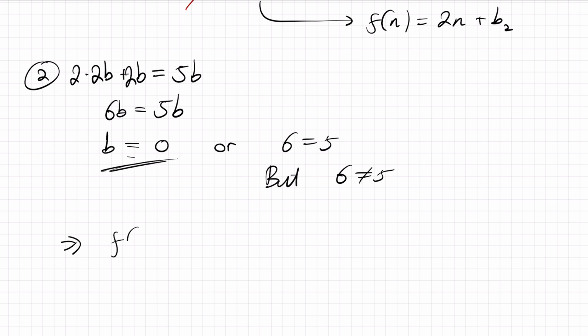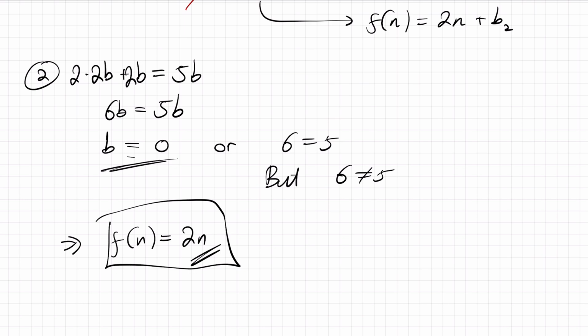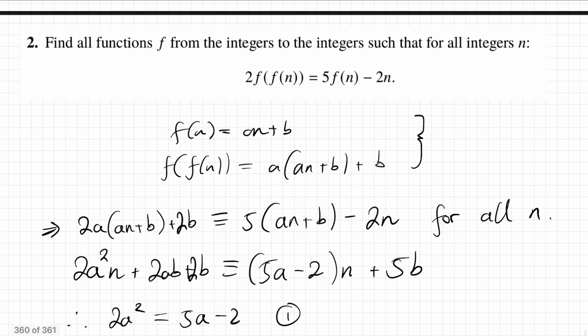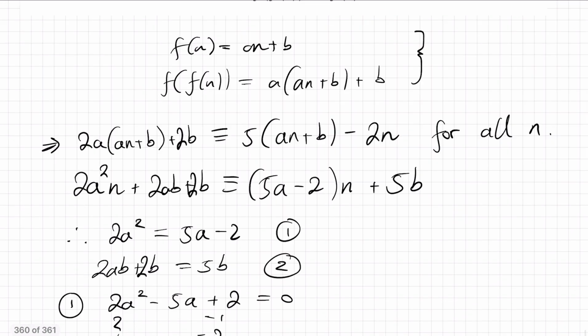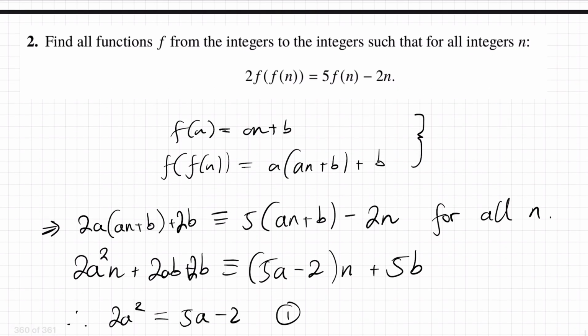So that tells us overall our function is going to be f of n equals 2n, and that's the only solution, especially in the polynomials. Now, if someone in the comments would like to make a more convincing argument why we can ignore all other functions, that would be great. But I think the idea that all other functions can't really map integers to integers is all right.